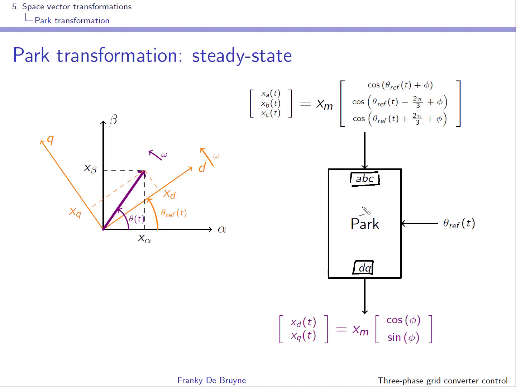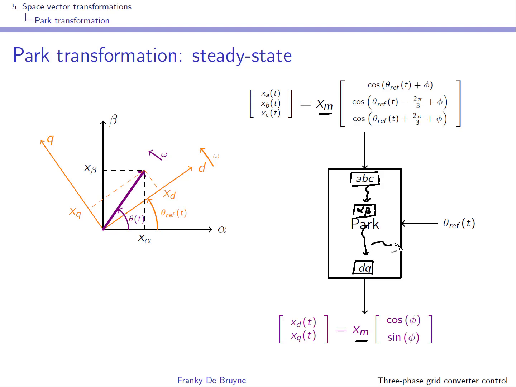You know that of course there are these intermediate signals in the alpha beta framework, so you have first to do this transformation, which is here the Clarke transformation that is used, because you see that the signals are of the same amplitude, and then you go to the dq framework.